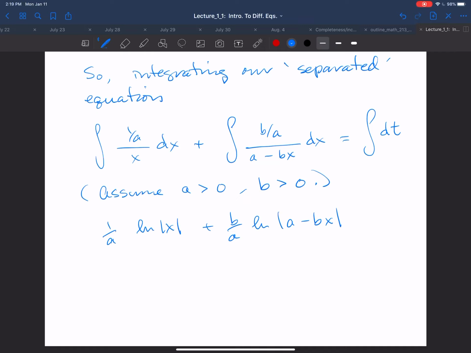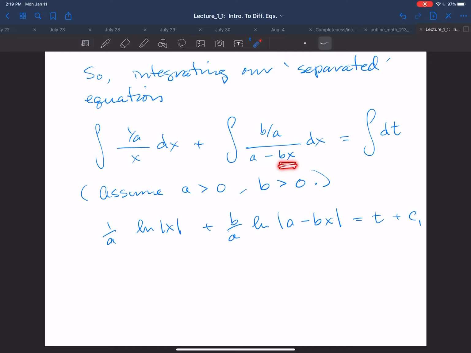Okay. And that's going to be equal to the integral of dt, which is t, and then taking all of the constants of integration into account, we can lump them together into one constant c1. Oh, sorry, I haven't done this quite right here because this is a bx here.